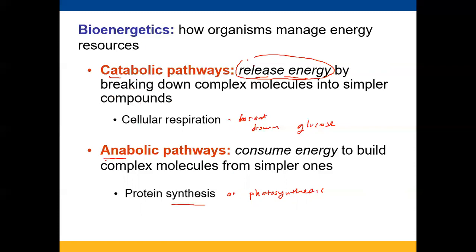Those who are really good at chemistry, I will say, typically get confused when they think about how breaking bonds actually requires energy to do so. We're talking about a different mechanism here. So just understand that when you're breaking something down, typically you're releasing energy. With anabolic, you're consuming energy to build that up. So we're not specifically just talking about the bonds. Just know catabolic means breaking something down, anabolic means to build it.